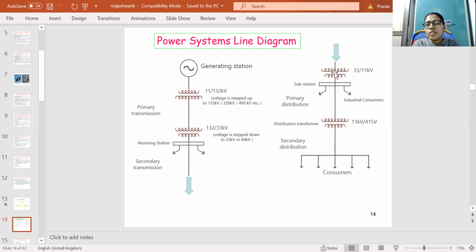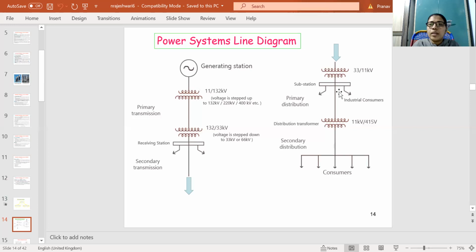It will step down the voltage from 33 kV to 11 kV at this substation. This is the primary distribution, and some of the industrial consumers also use these voltages. Some of the large industries will take that voltage for their industrial purpose.